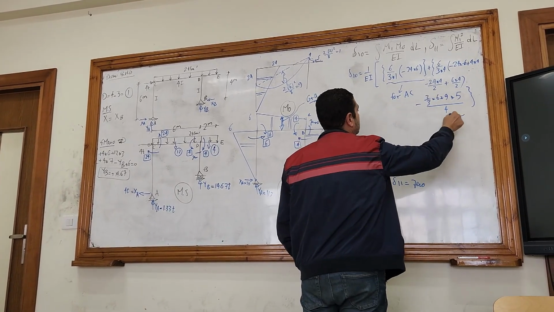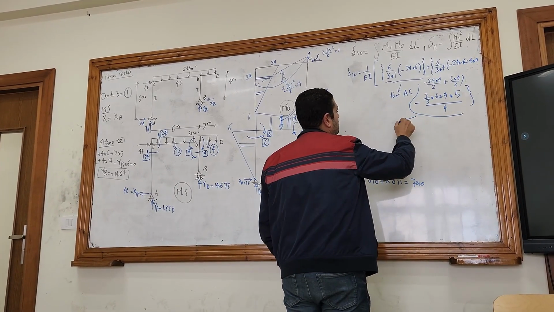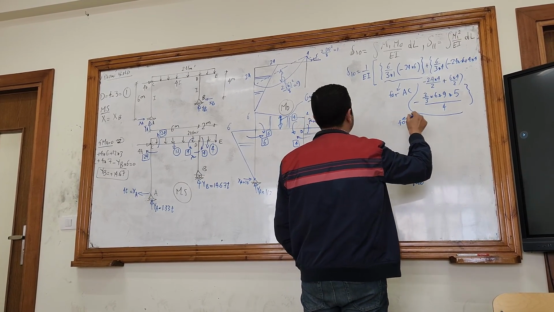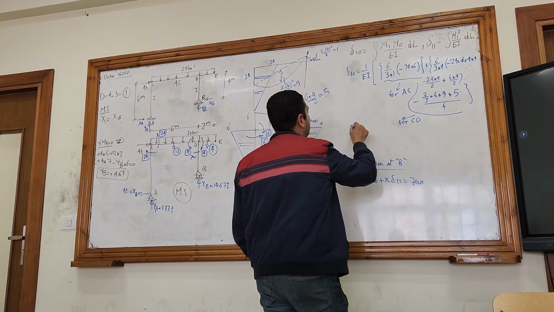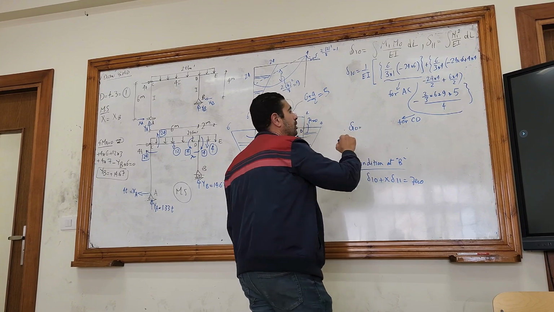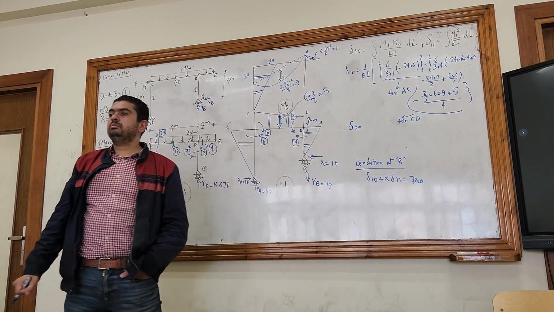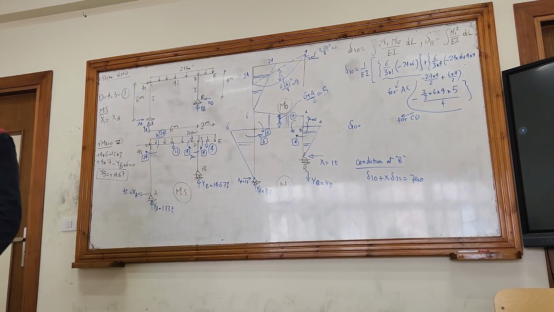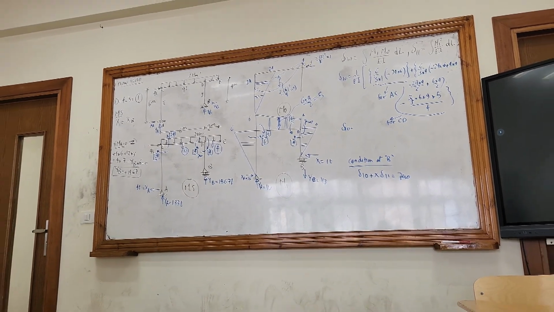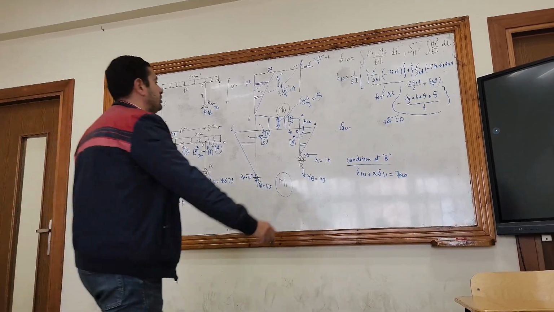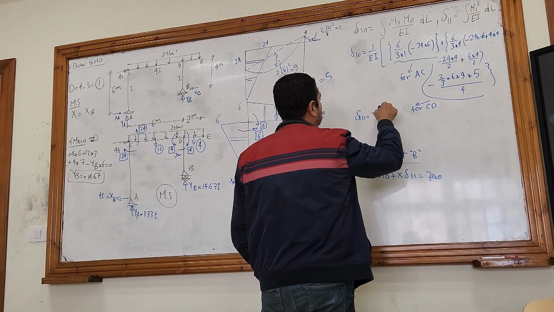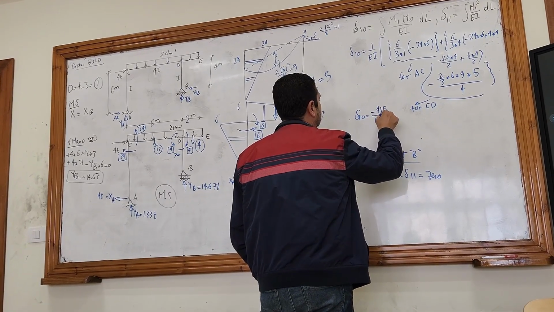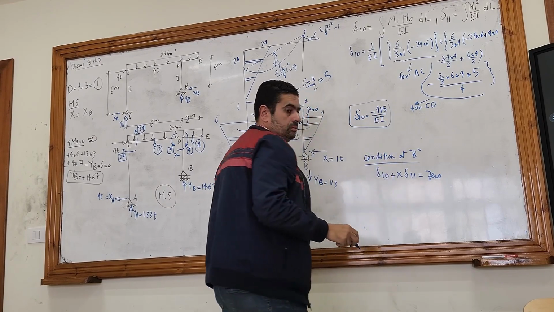What was this? This was for the member CD. From here, delta 1 node will be equal to negative 415 divided by EI. Okay?